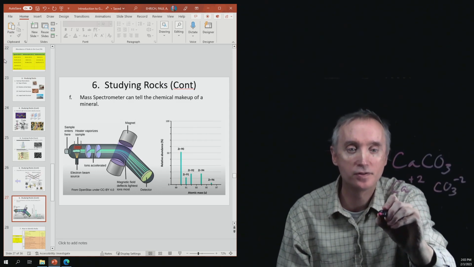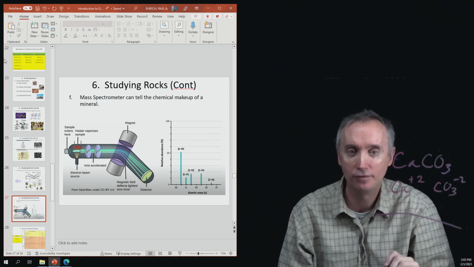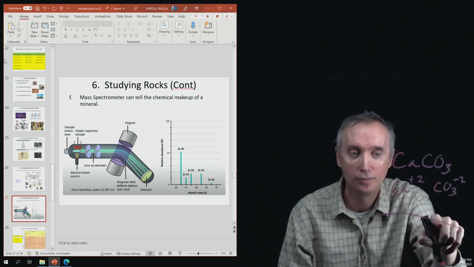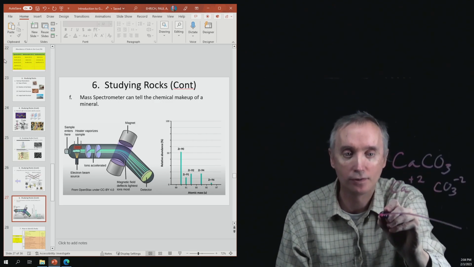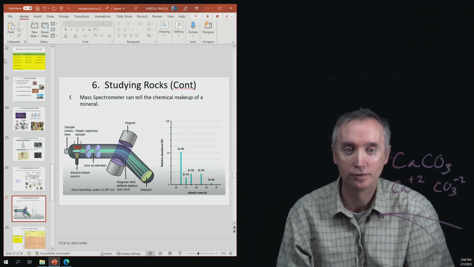So let's say this is a big chunk of that mineral, and because it's so heavy, it doesn't really deflect very much. But a lighter piece of that mineral is going to be deflected more by that magnetic field.